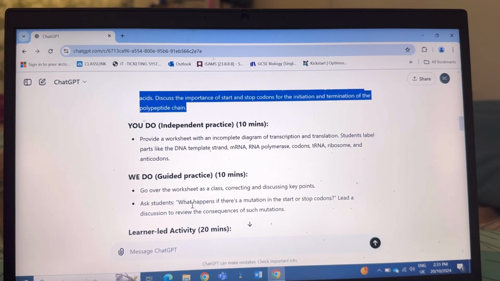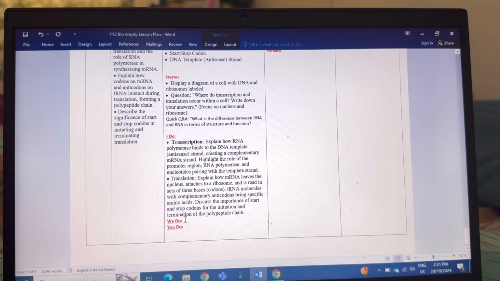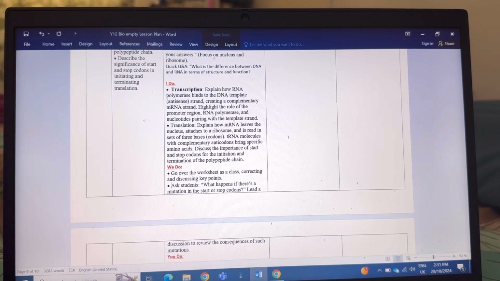Now the next one is we do. For we do, ChatGPT has suggested me to give a worksheet and ask students what happens if there is a mutation in the start or stop codon. Okay, this is the best one, I think. It makes them think also.